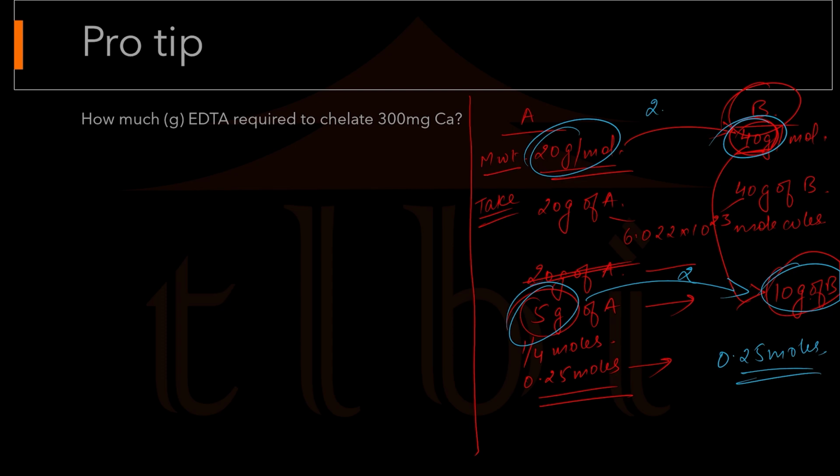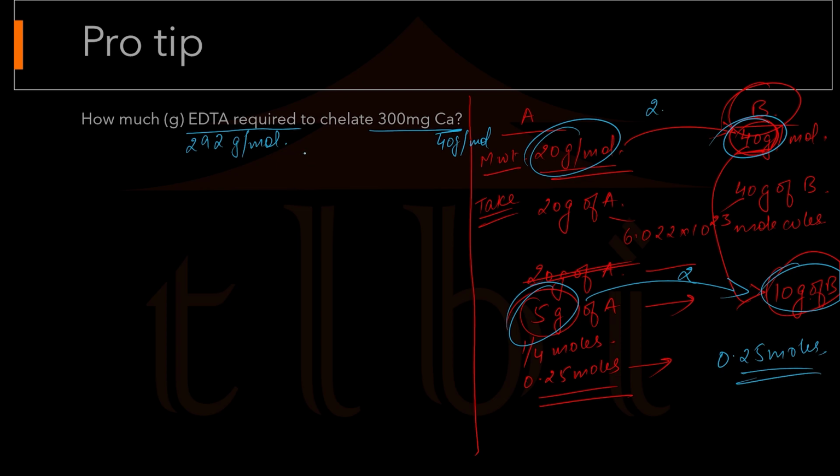Now let's solve this question. I'll continue with blue color. How much EDTA is required to chelate 300 milligrams of calcium, right? Now, EDTA has a molecular weight of 292 grams per mole and calcium has a molecular weight of 40 grams per mole, right?